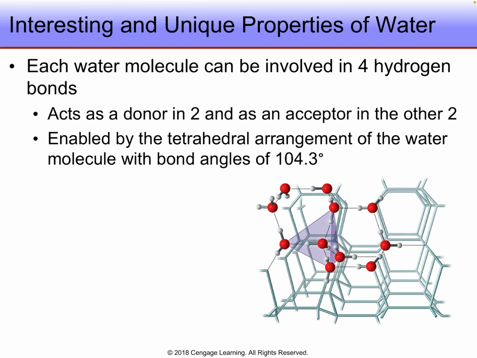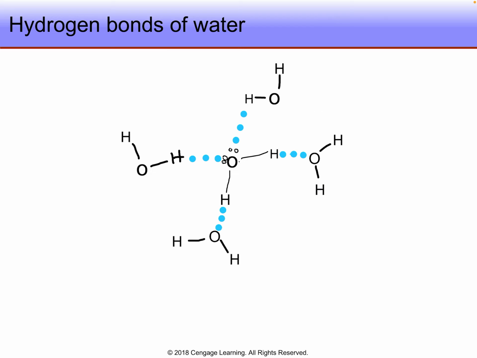This is showing the three-dimensional arrangement of hydrogen bonds in water. This is showing water molecules hydrogen bonding to each other. Notice that in this central water molecule, there are two hydrogen bond donors, one here and one here.